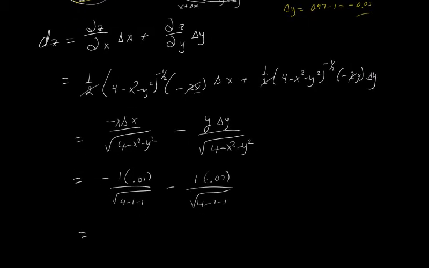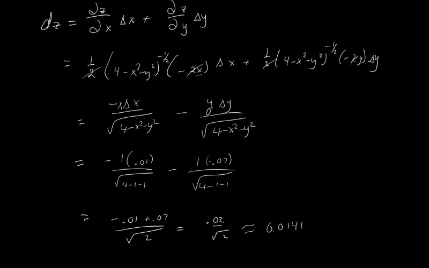So that's equal to negative 0.01 plus 0.03 divided by the square root of 2. So that's going to be 0.02 divided by root 2, which is approximately 0.0141. So our change in z here is approximately 0.0141.